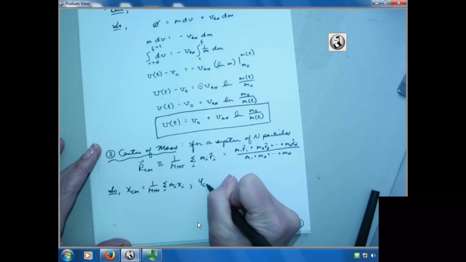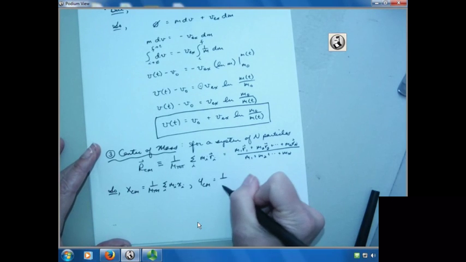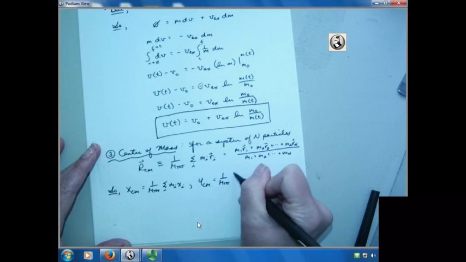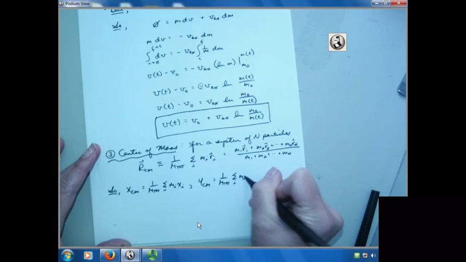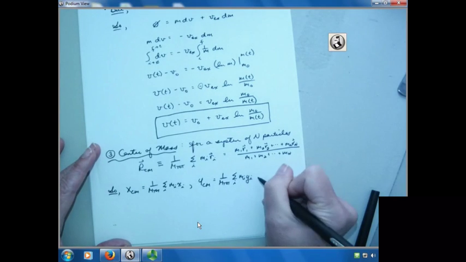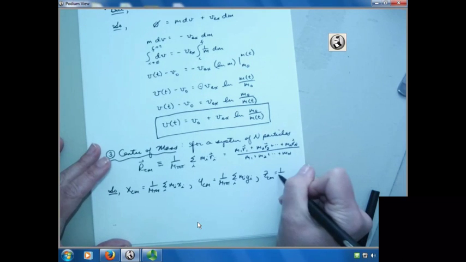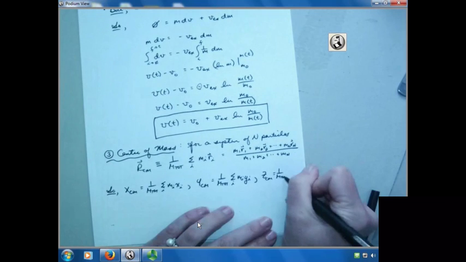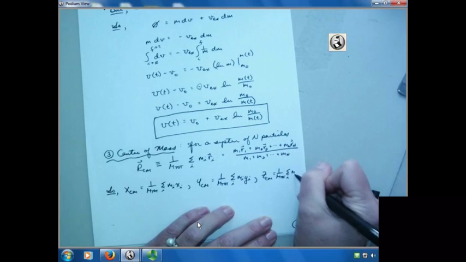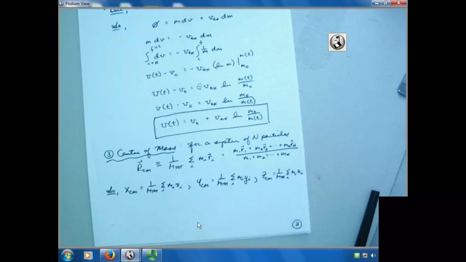The y component of the center of mass is 1 over m tot, sum over i, m sub i, y sub i. And the z component of the center of mass is equal to 1 over m tot, the sum over i, m sub i, z sub i. All right, so in terms of finding the actual location of the center of mass, we have these 3 scalar equations or 1 vector equation that we can use.